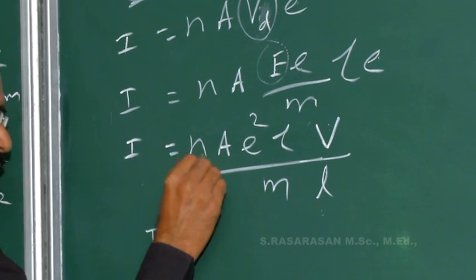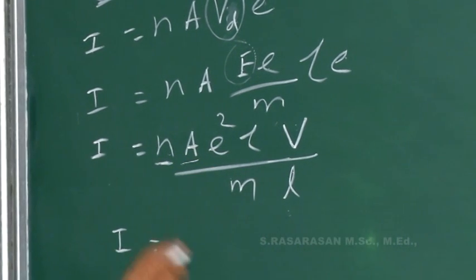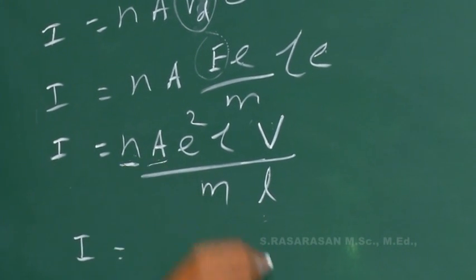And this N is constant. For a given conductor, the cross-sectional area, the thickness of the wire, is the same, constant for a given wire.